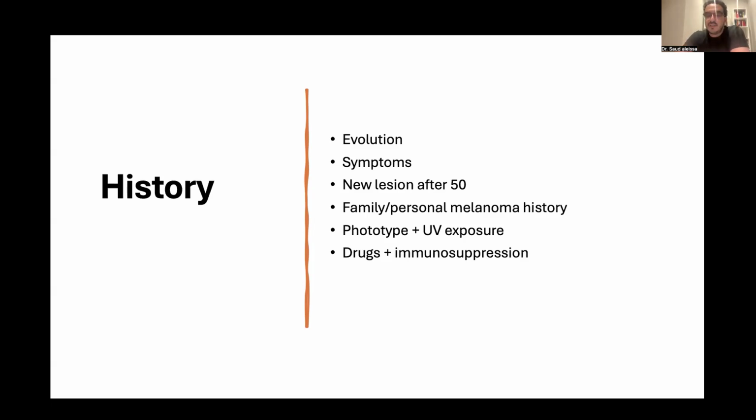If a patient is a certain phototype, skin type 1, 2, with a strong history of UV exposure, you ask about also if there are any medications they're on, especially immunosuppression, and we'll see why.